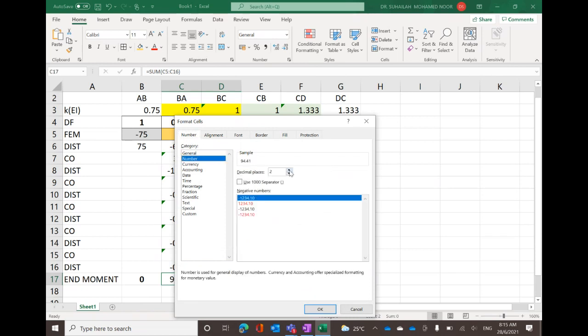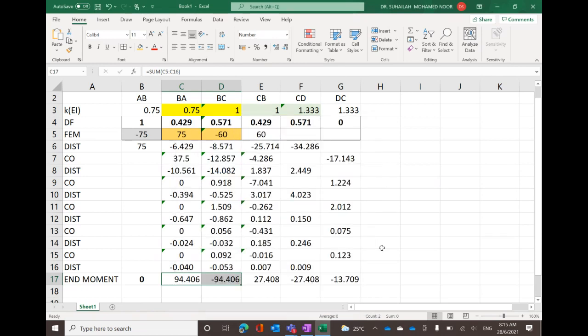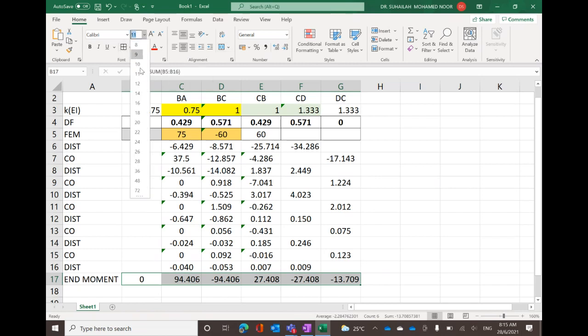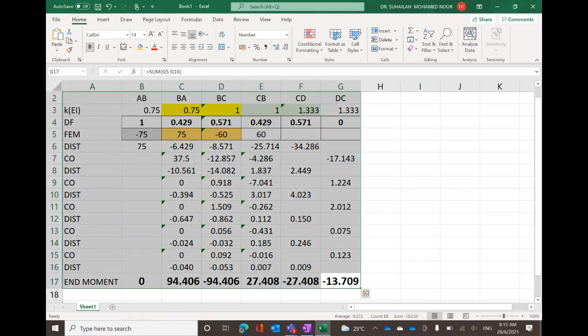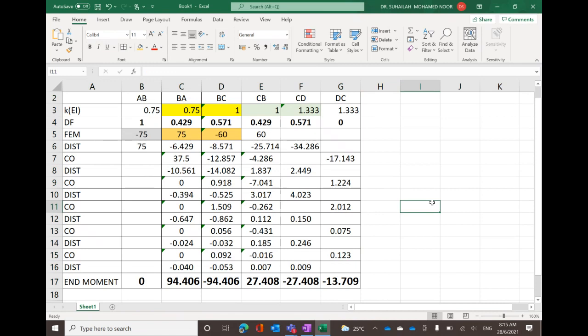Number 3 decimal places. Okay, so these are all the answer. Okay, so this is the answer.